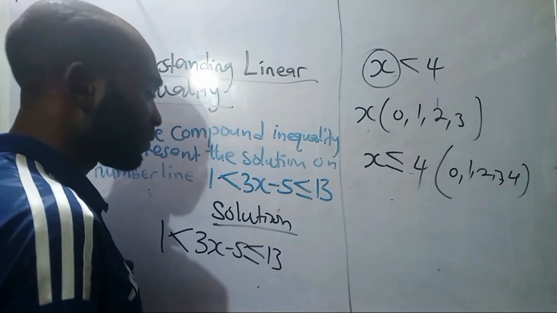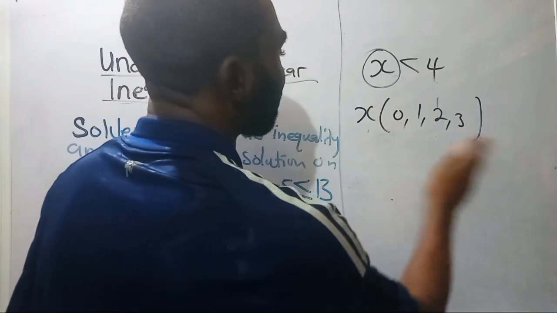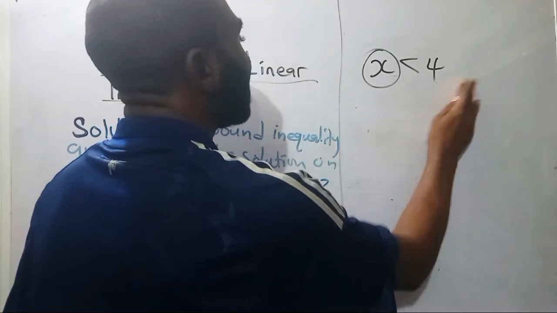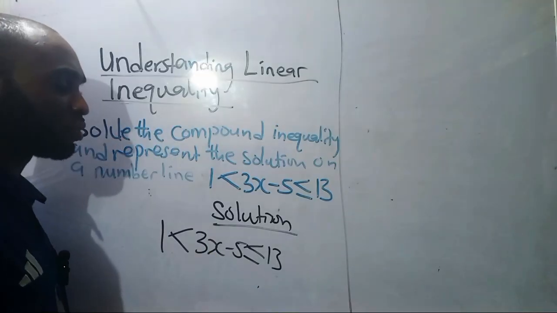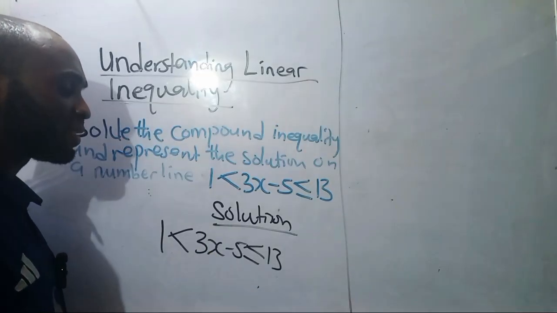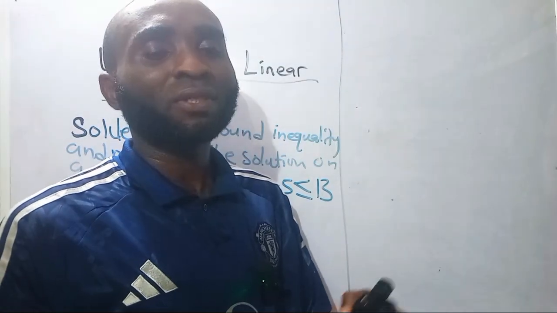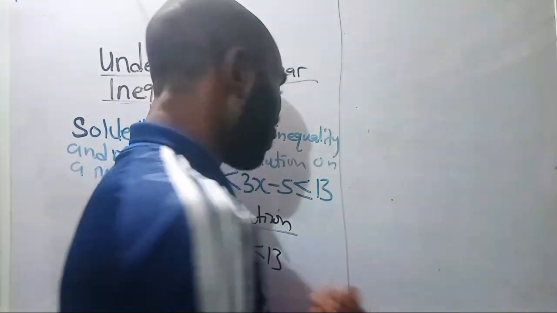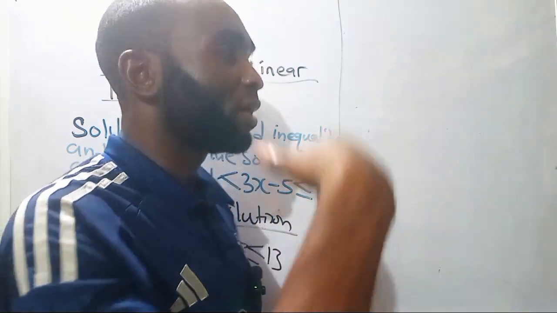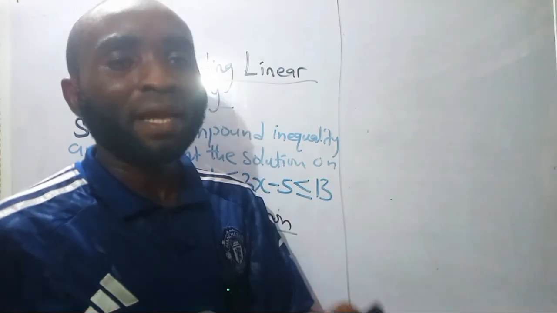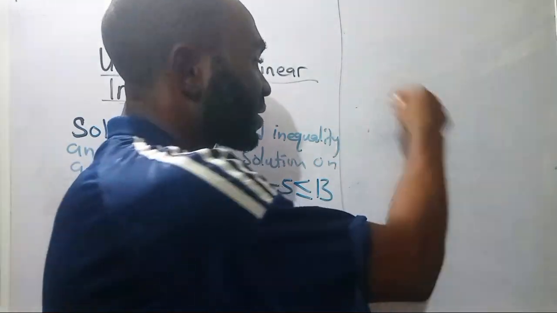Now, whenever you want to solve a linear inequality problem, all other things remain the same as when handling a linear equation. The only thing that is different is when you are dividing by the coefficient of x, or multiplying, with a negative sign, the sign changes.